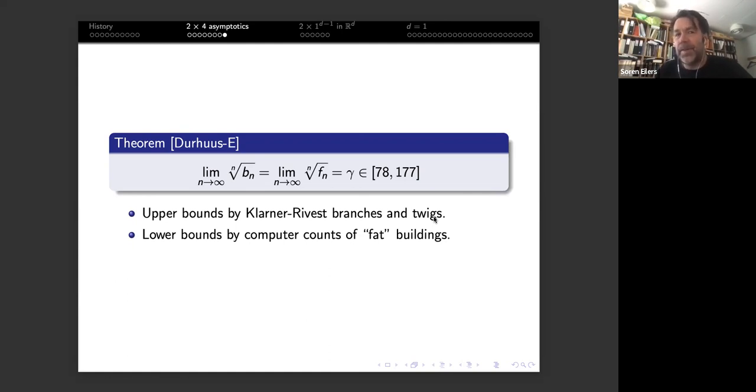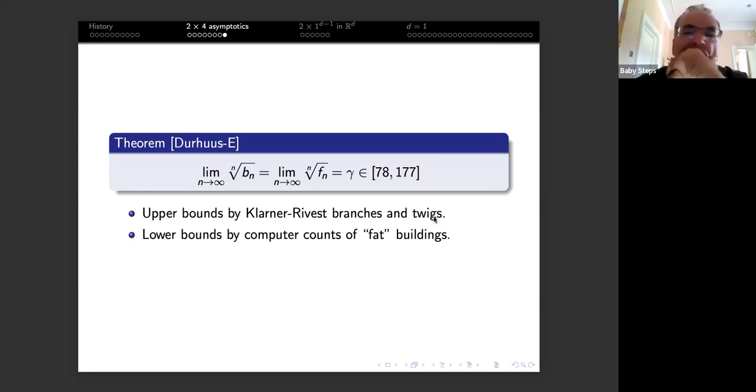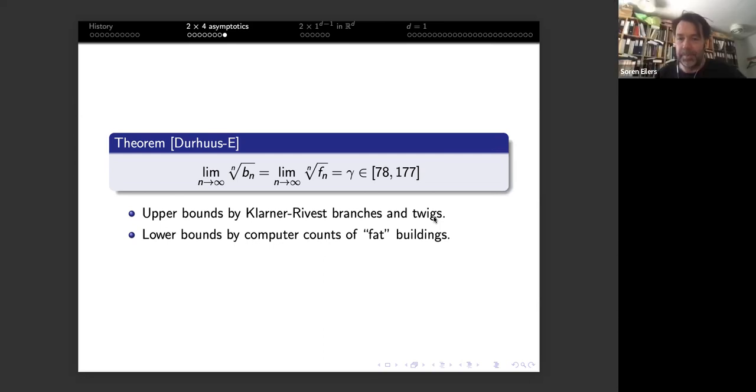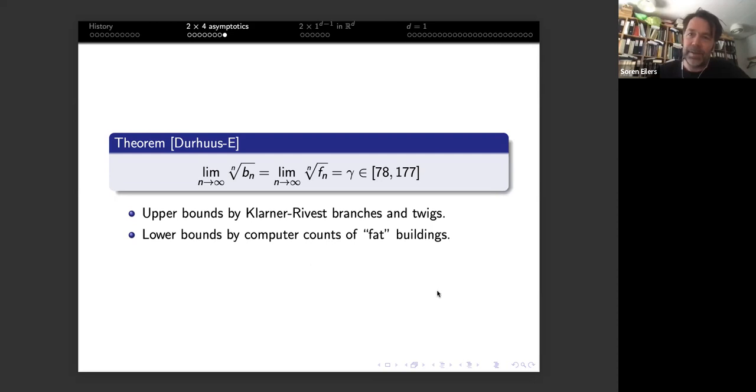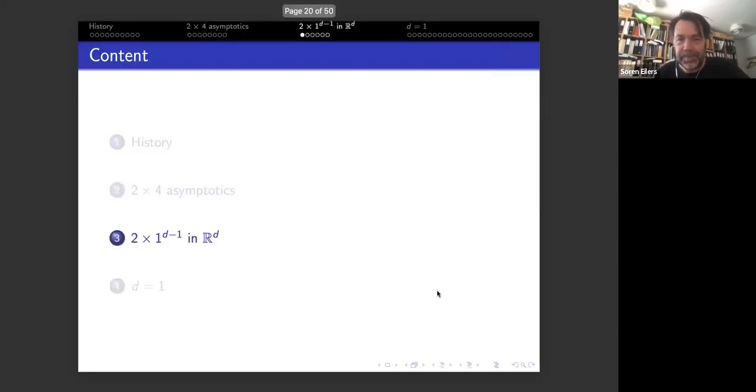My guess, based on some Monte Carlo experiments where you use probability, randomness to estimate these numbers, is that it's around 117. That's what I'm expecting the real number is. So even though we are using modern computers and clever methods, we're not getting very close.